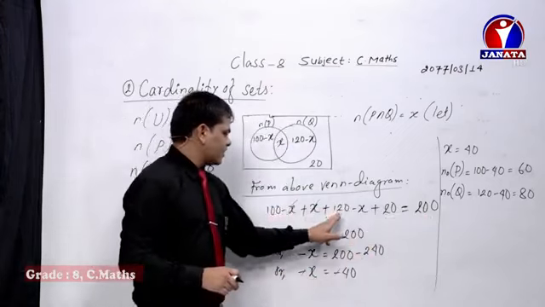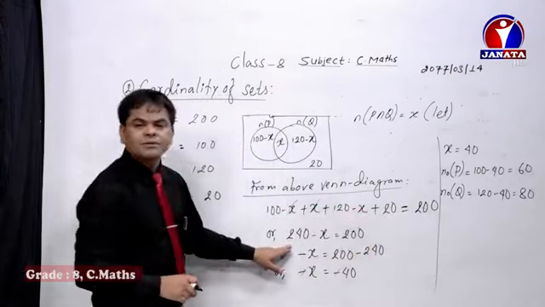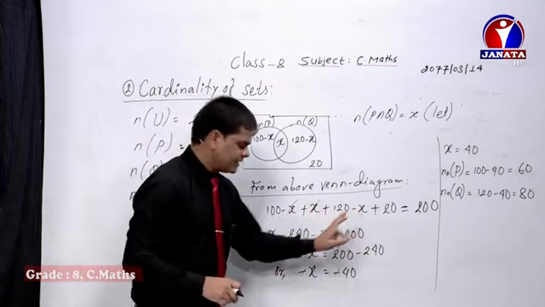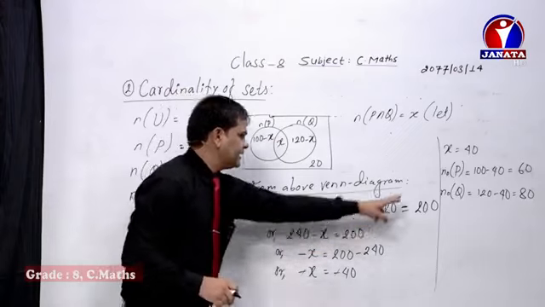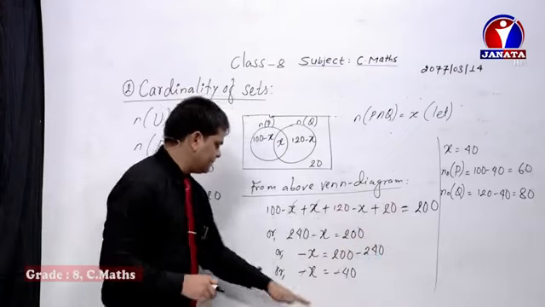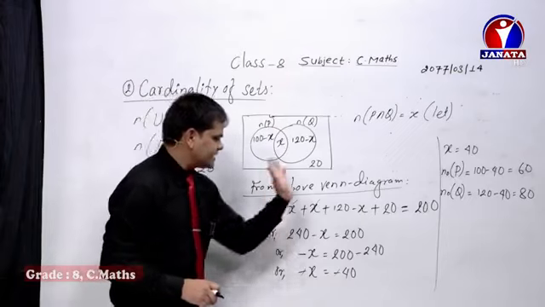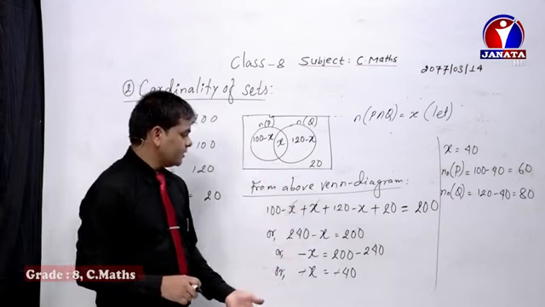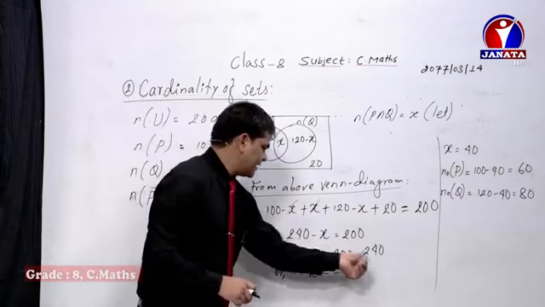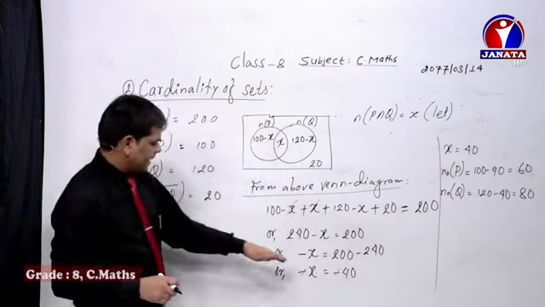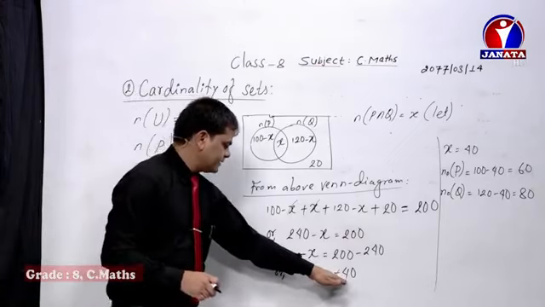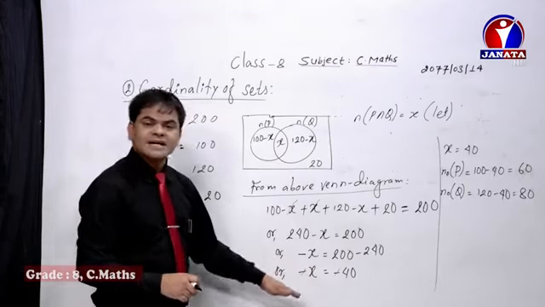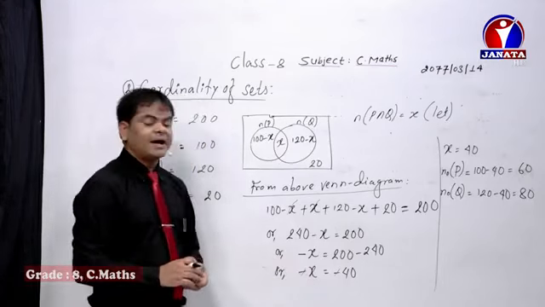So 100 plus 120 and 20, by adding, becomes 240, and minus x and plus x will be cancelled. Now minus x remains, so we keep minus x here, and on the right-hand side there is 200. We copy the same, and 240, by taking that side, as it is positive, while taking that side it converts into the negative form. So 240 becomes minus, and 200 comes as usual, and minus x remains the same. This side also minus value, this side also minus value. So when we get such a situation, we can cancel the minus.